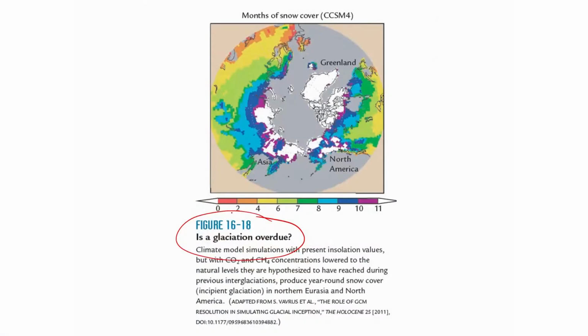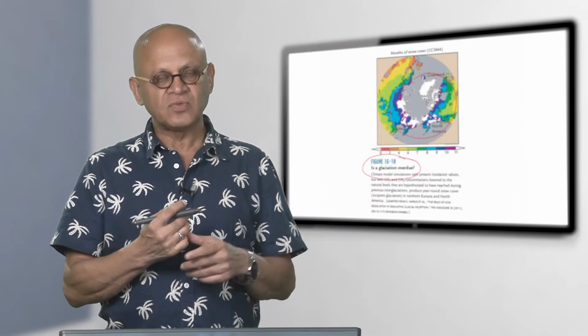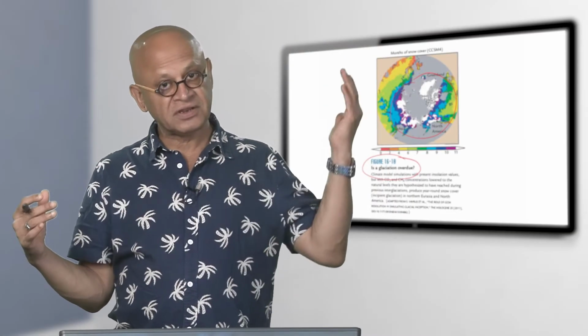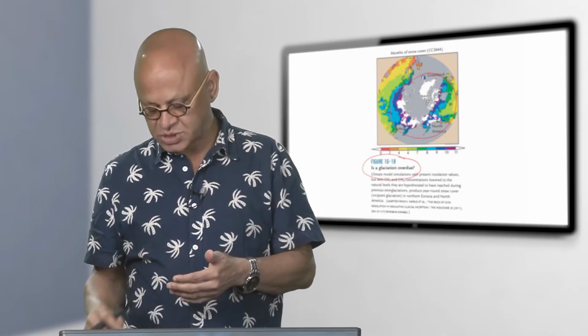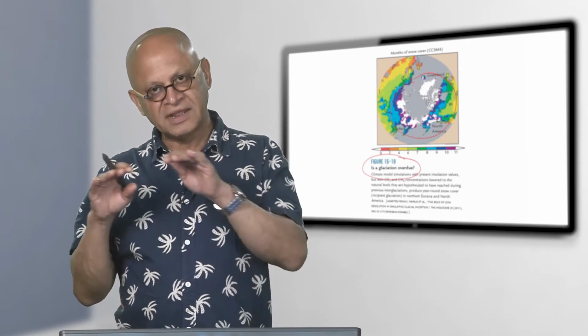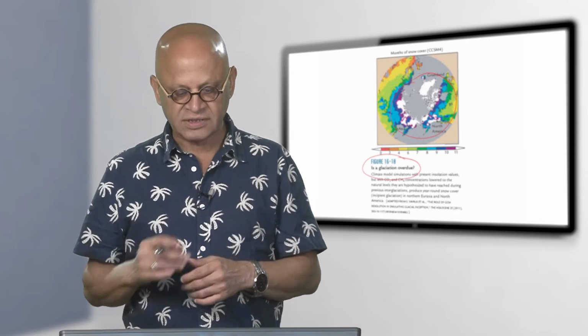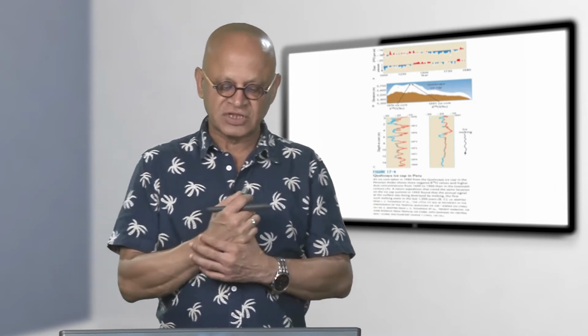This is essentially showing that if we do not increase the carbon dioxide and methane concentrations and keep them at, let's say, pre-industrial level, then we would be increasing the glaciation over Earth in general, and we would continue the cooling that started 50 million years ago, the recovery from the last ice age or deglaciation, and then head slowly back towards the next glaciation. But that's not what is happening.